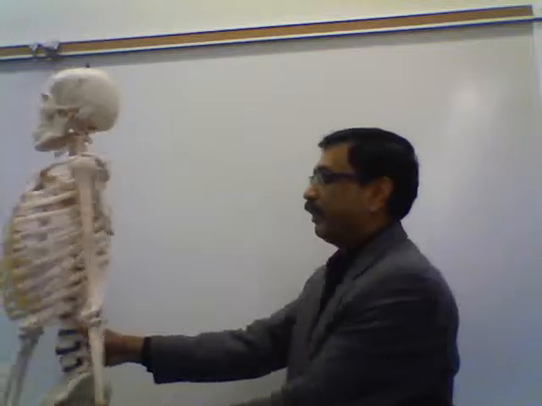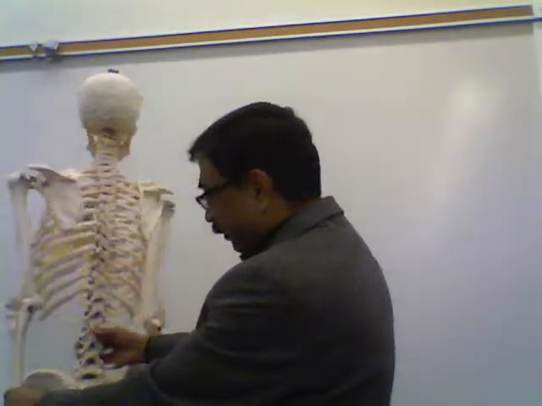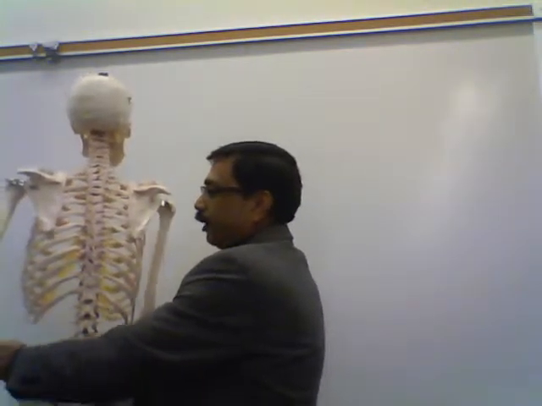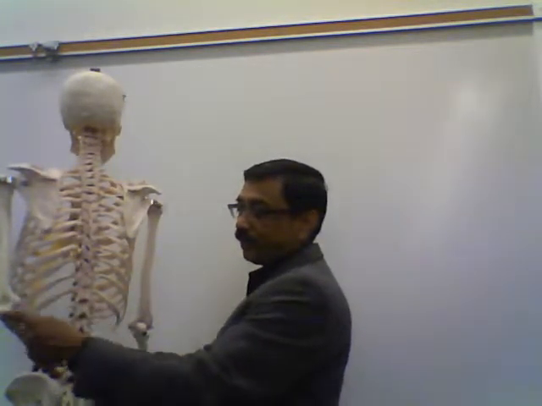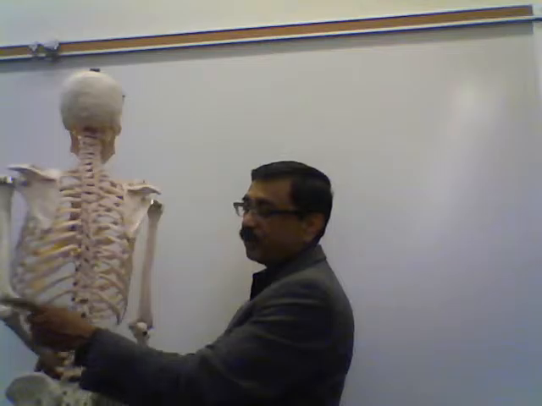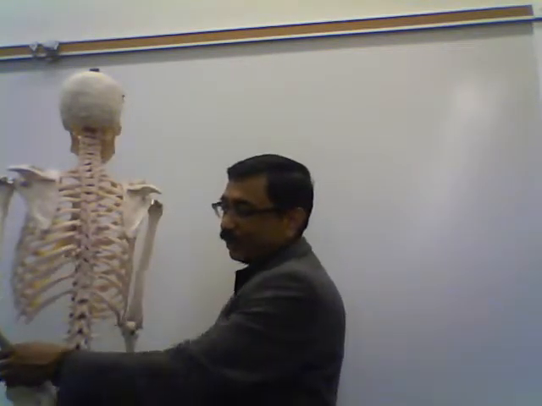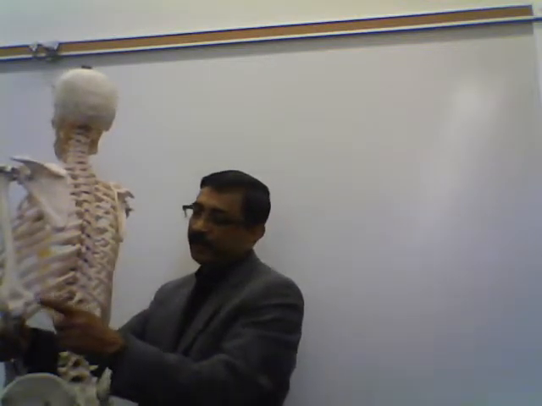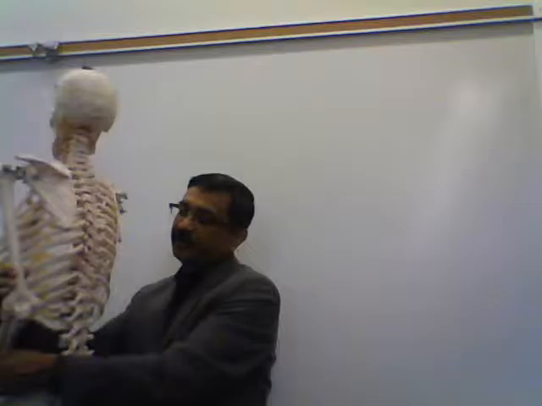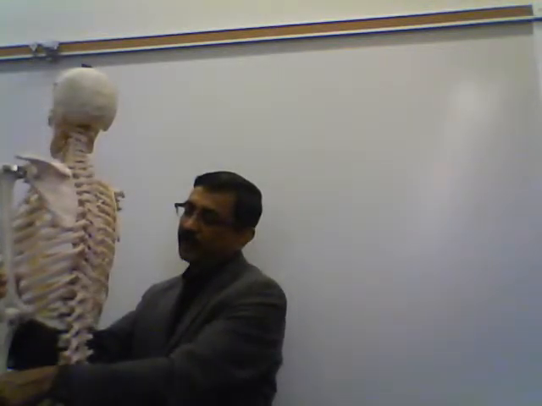Okay. And in the back, you see here, this is the big one, olecranon fossa. Why is it called olecranon fossa? Because this part of the ulna is called the olecranon process. So you see this olecranon process, when you extend your forearm, this olecranon process goes into the olecranon fossa.